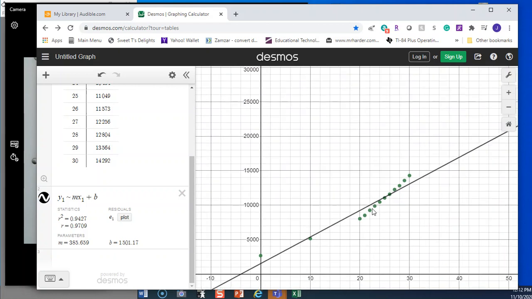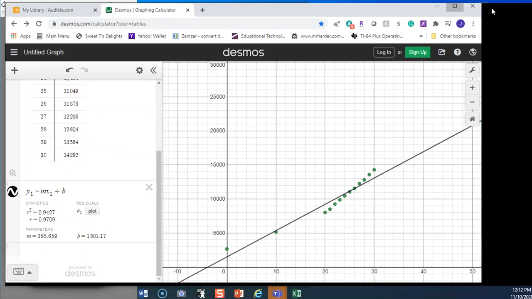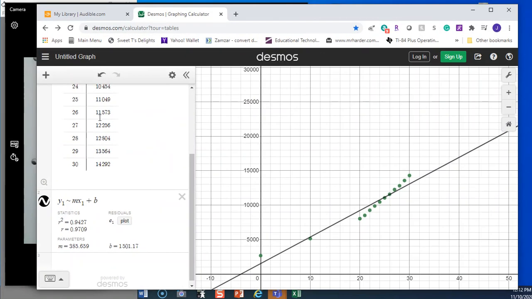If you look at this line here, you notice that the line of best fit doesn't hit that many points, but that doesn't mean that it's not a good fit. Okay, so this is not as good. Let me make this a little smaller so we can see the page.